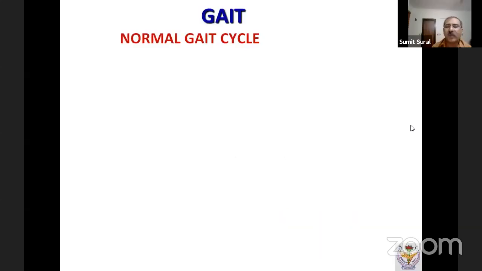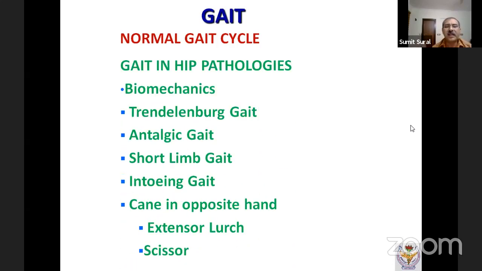I'm going to talk about a little bit of the normal gait cycle and then the biomechanics to make you understand how the lurch is on the affected side. Then I'll talk about short limb gait and cane in the opposite hand, if you permit me.